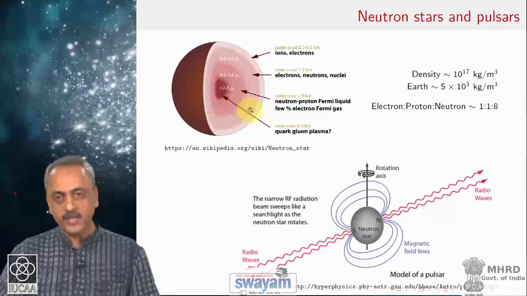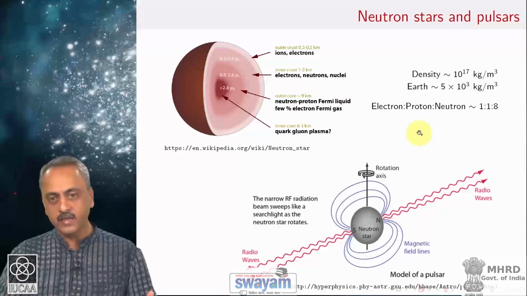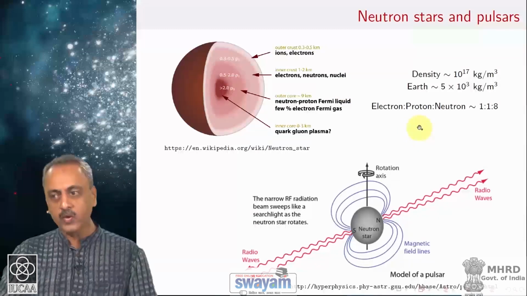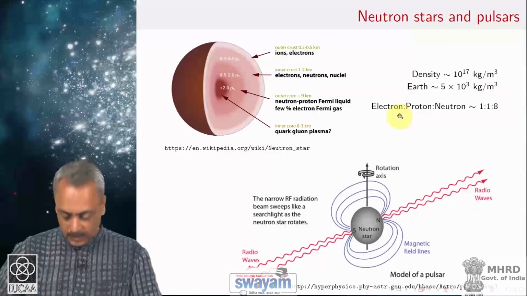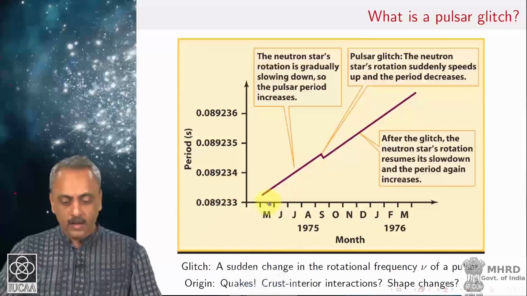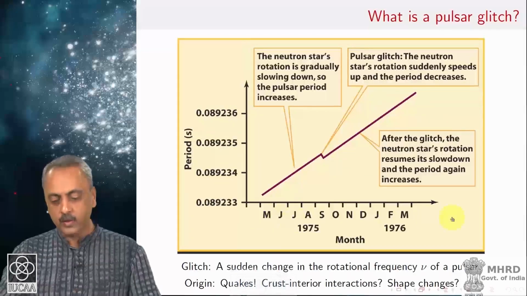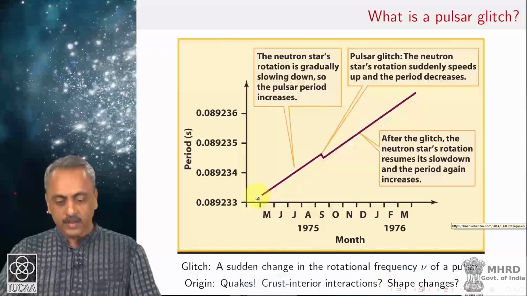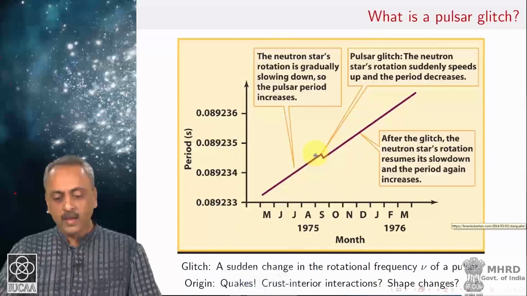This is a rotating object, it has some energy, some of it is being dissipated in the form of radiation. So, in general this object is slowing down at some rate over astronomical time scales. What happens is, when there is a glitching event, if we look at the period of rotation as a function of chronological time, then the period of rotation is increasing because of what I described.